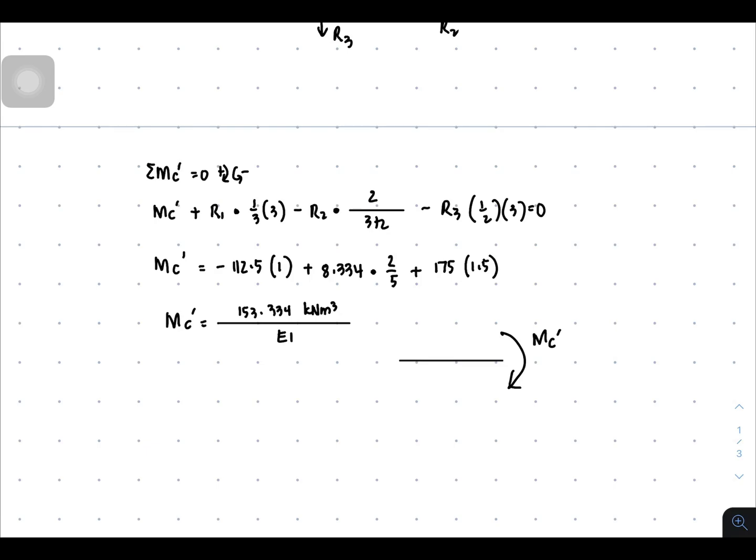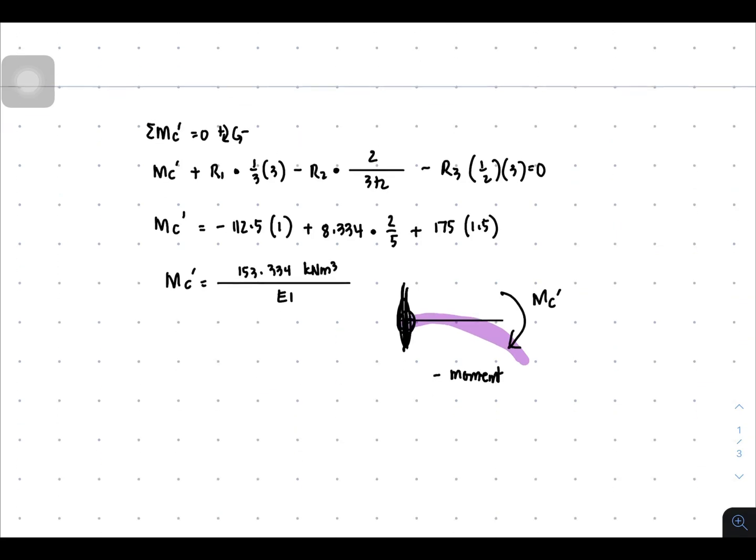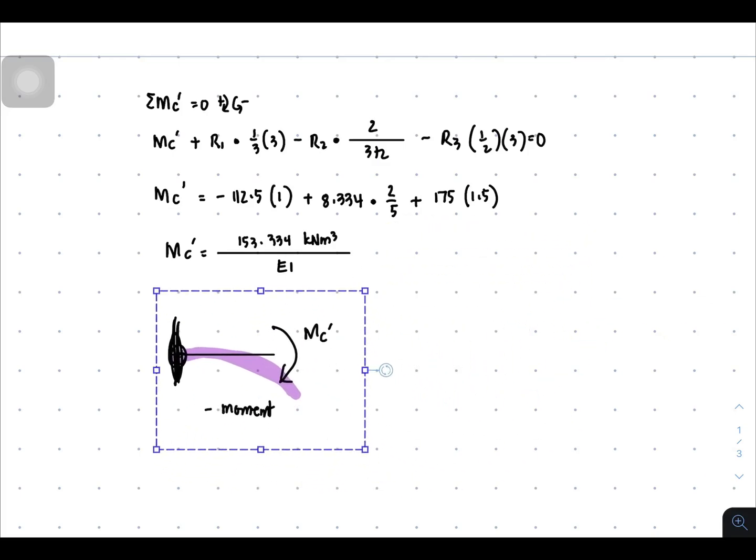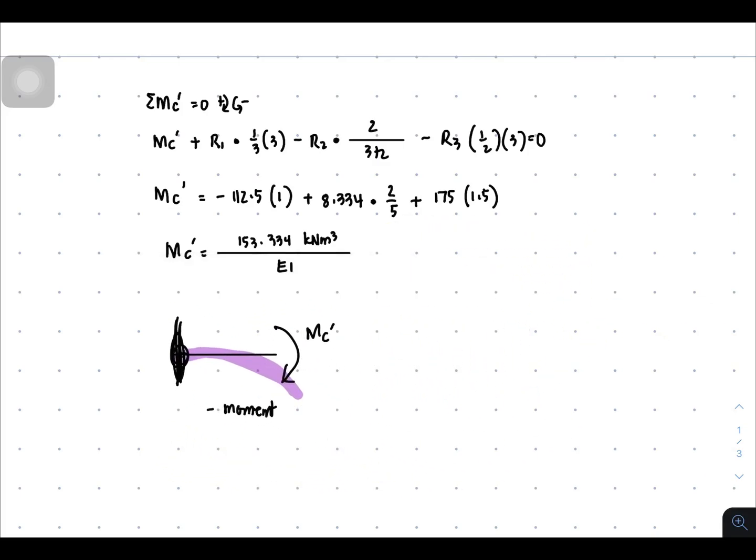So the tendency, we just hold it there. So what happens, it will bend downward. So in this bending downward, it is a negative moment. So it will create a negative bending.